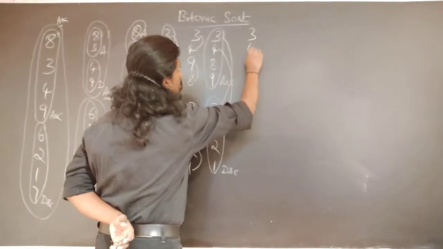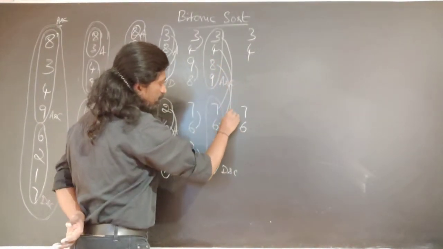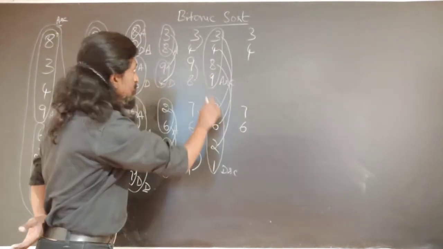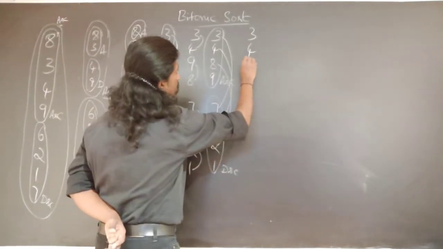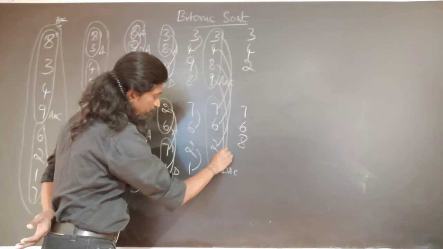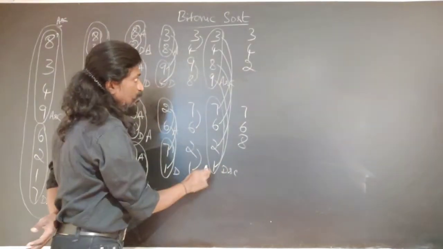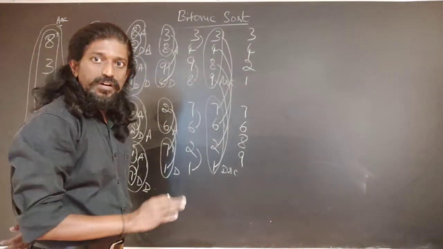Once again they are in order 4, 6. Third element of the first subarray with the third element of the second subarray, that is third element with the seventh element, they are out of order, therefore we swap 2, 8. Fourth element of the first subarray with the fourth element of the second subarray 9 and 1, they are out of order 1, 9. Okay, we are not yet done.